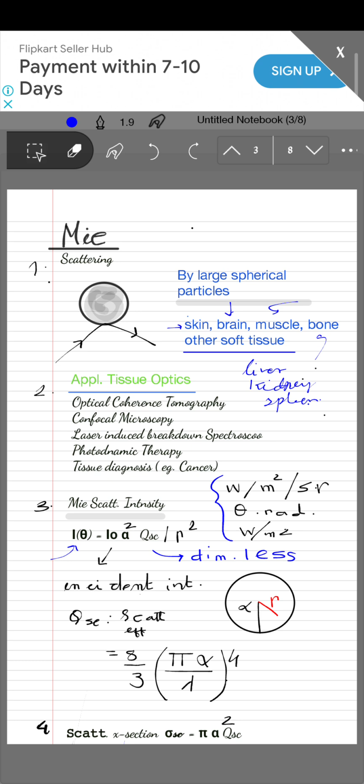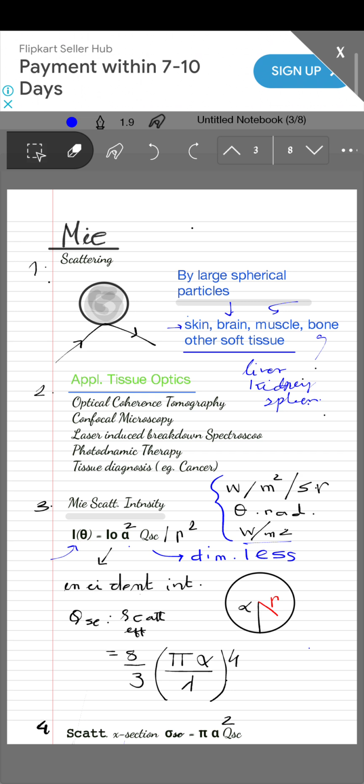The Mie scattering intensity has units of watts per meter square per steradian, that is the solid angle unit, whereas the incident intensity, the light that is being supplied, has units of watts per meter square. There are three more terms in fact. This alpha represents the radius of the spherical particle, whereas r represents the distance from the center of the spherical particle.